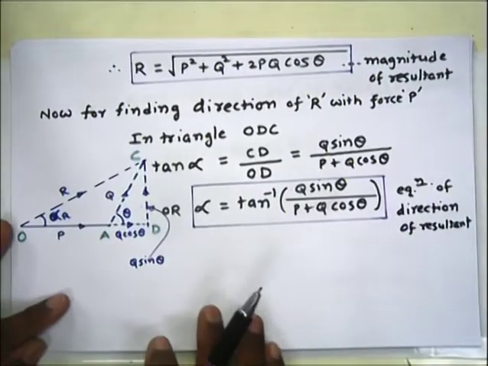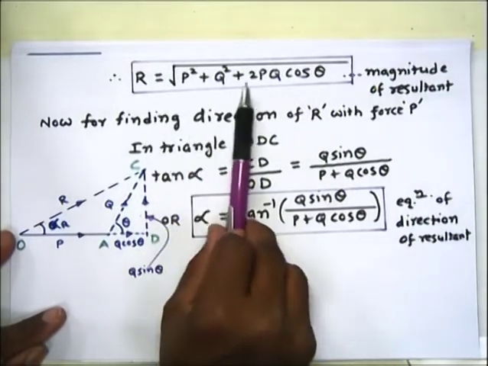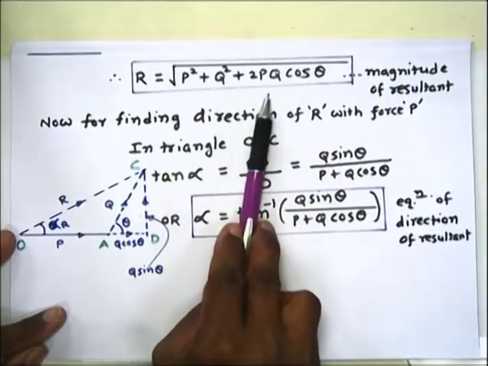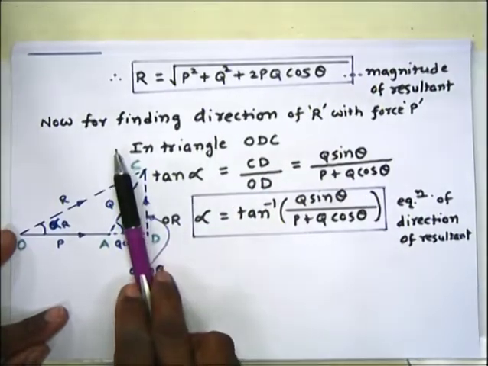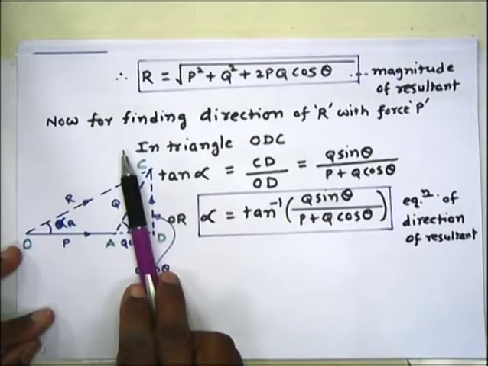Now you see, R is written as the root of P square plus Q square plus 2PQ cos theta, and this gives you the magnitude of the resultant. But as I said earlier, magnitude alone is not sufficient for knowing the resultant force. It requires its direction also.